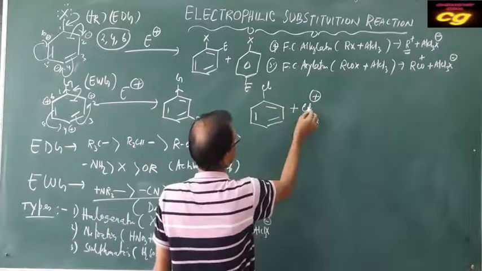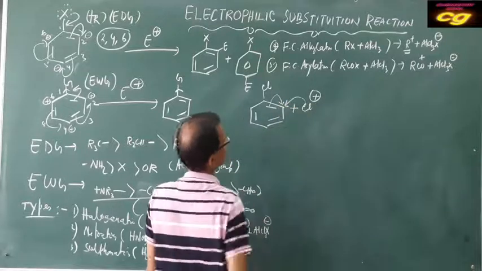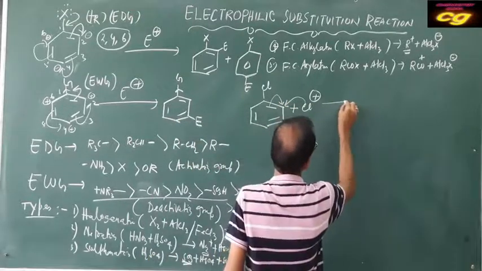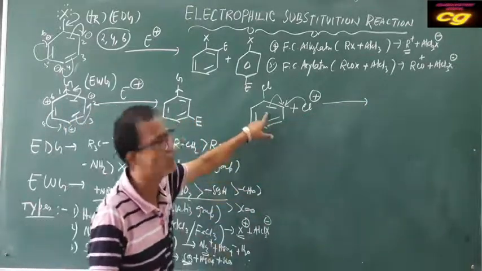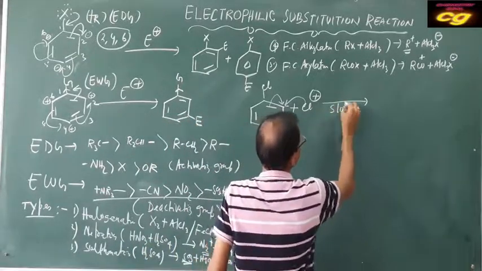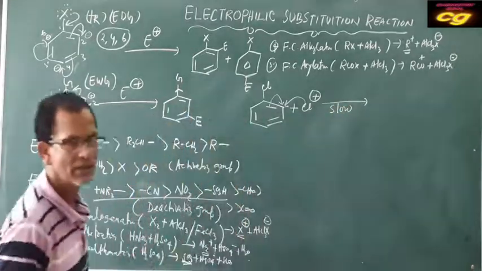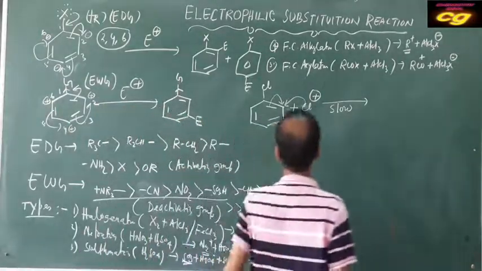When the electrophile comes to this side, it will attack this position. Remember, the first step, attack of the electrophile on benzene, is the rate determining step. It is a slow step. Then what happens?